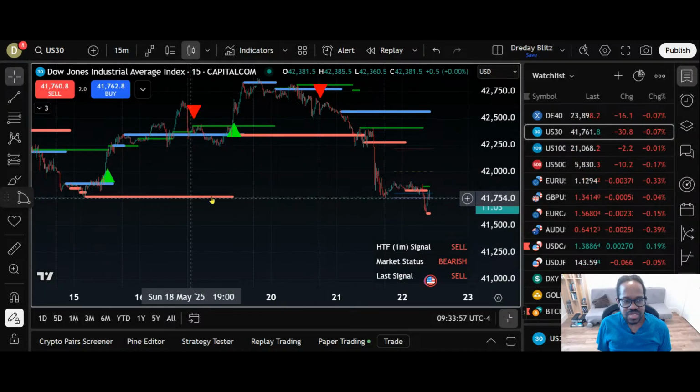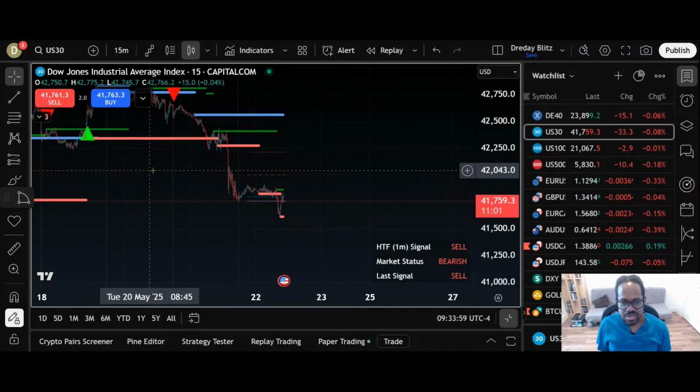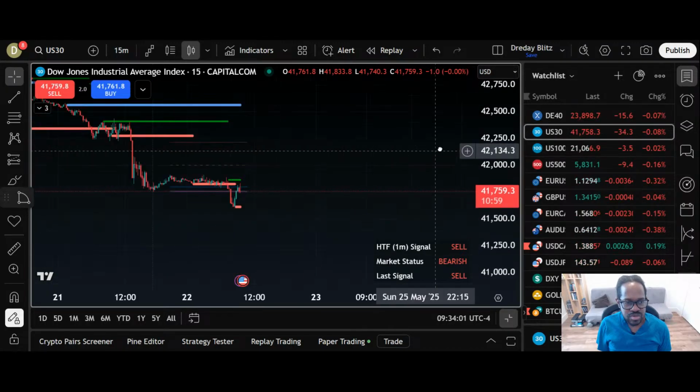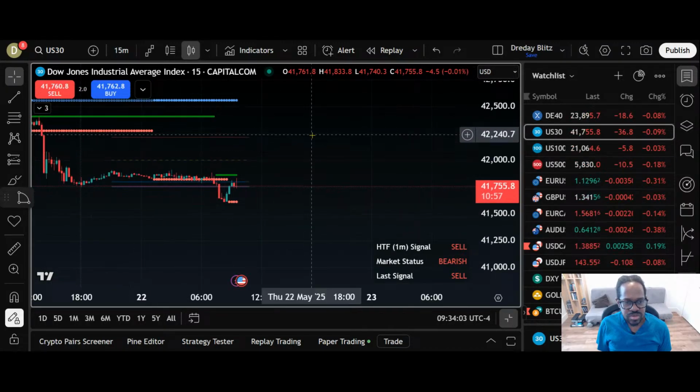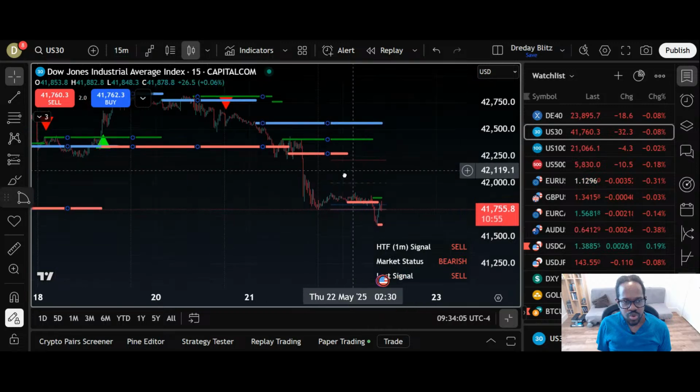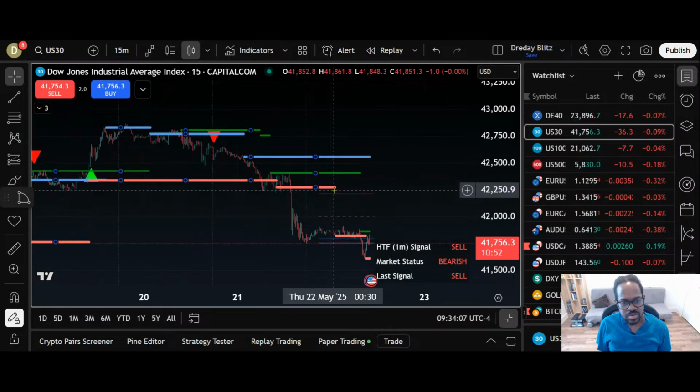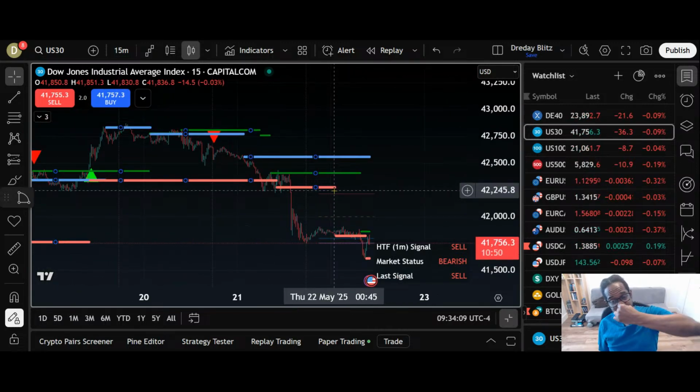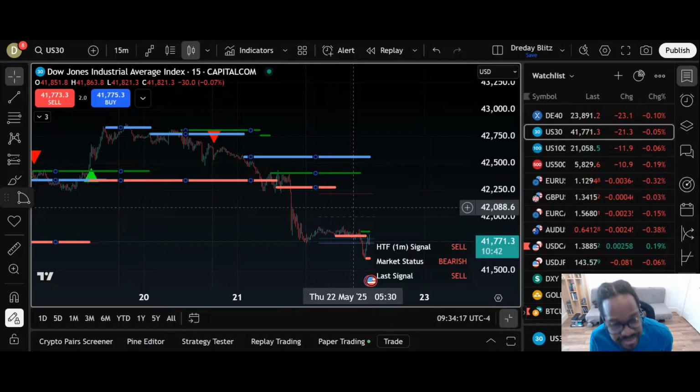So we had a resistance here on US 30, the Dow Jones. So we may have a pullback to the upside. So the next signal that we're waiting for on the indices here on the lower time frame will be a buy, because we already have a sell.